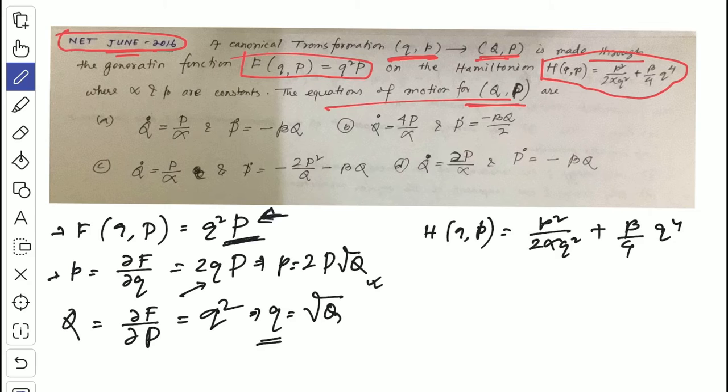So here you see, after transformation, let us consider the new Hamiltonian as H dash, which is a function of capital P and capital Q.